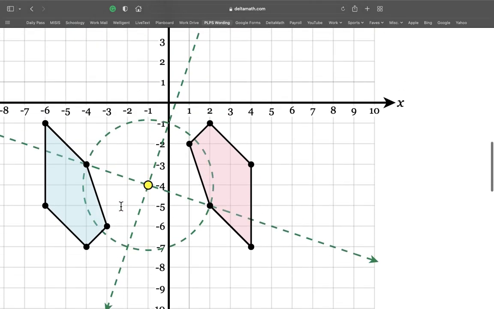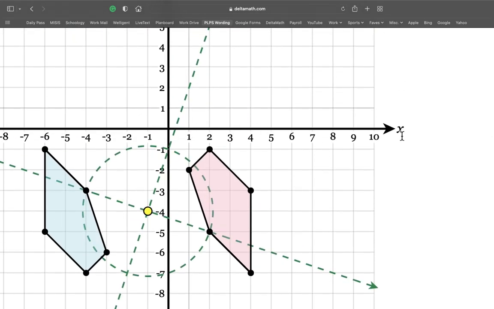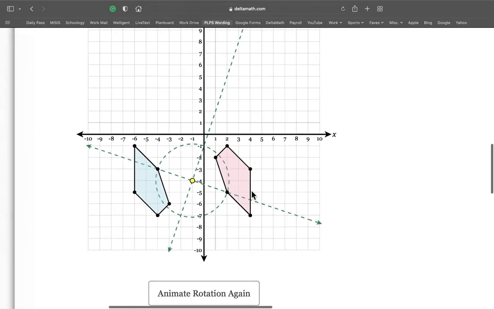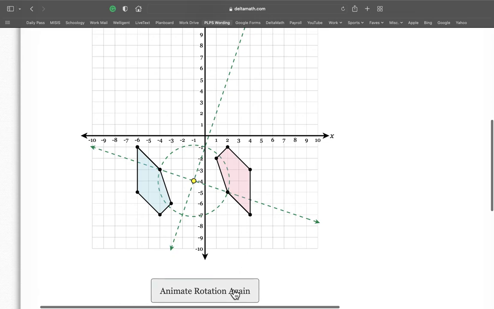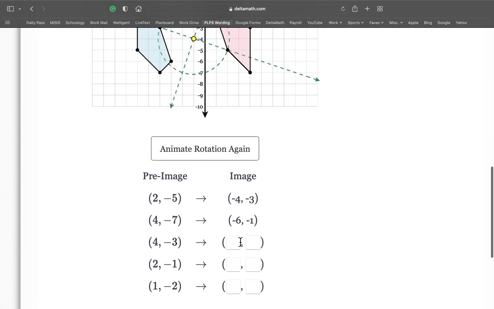4, negative 3. Let's see, where is positive 4 on the x, negative 3 on the y? So it's this one right here. Keep an eye on it. See where it goes. Right there. So it's negative 6 on the x, negative 5. Negative 6, negative 5.